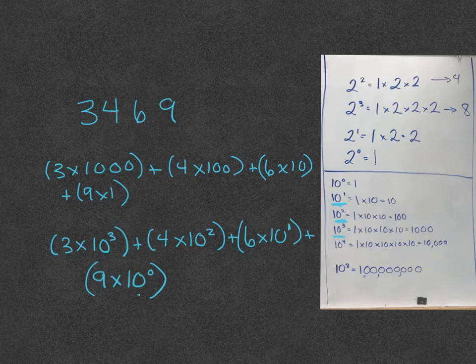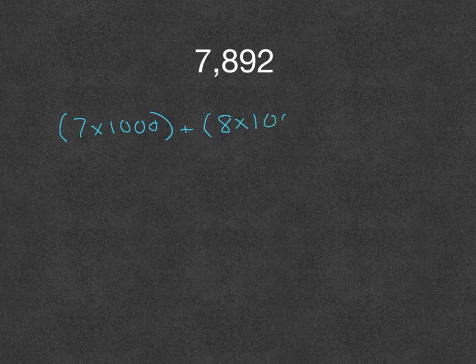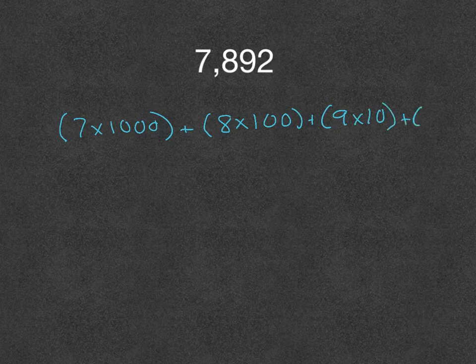Okay, let's try another one. For this number, 7,892, the way we would have done it with expanded form with multiplication would be 7 times 1,000, right? Plus 8 times 100 plus 9 times 10 plus 2 times 1.